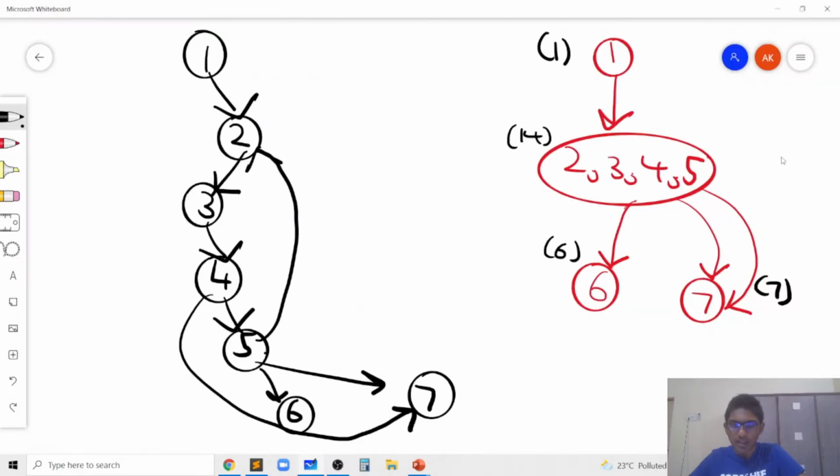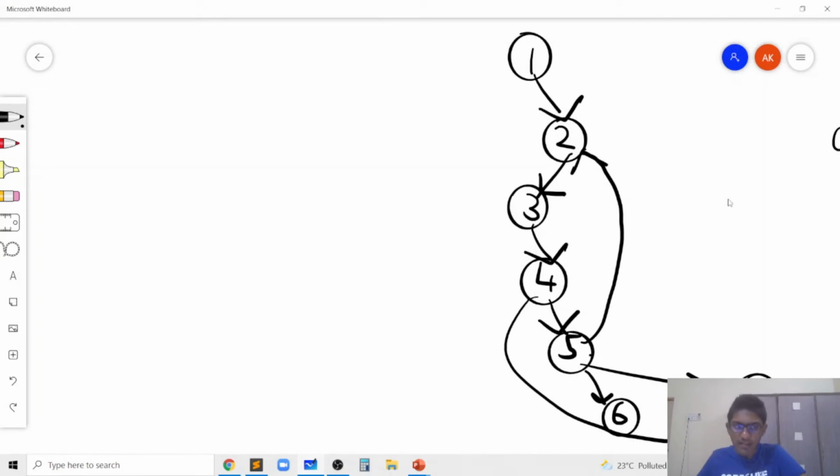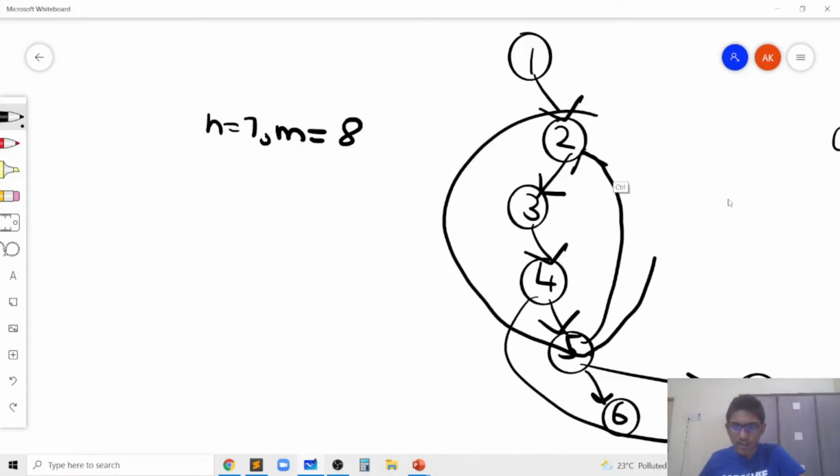So for example, let's say that we have 7 nodes and 8 edges. The first thing we can do is consider all the cycles in the graph and compress them, because if we compress a cycle, then we know that for every node in that cycle we can visit every other node.